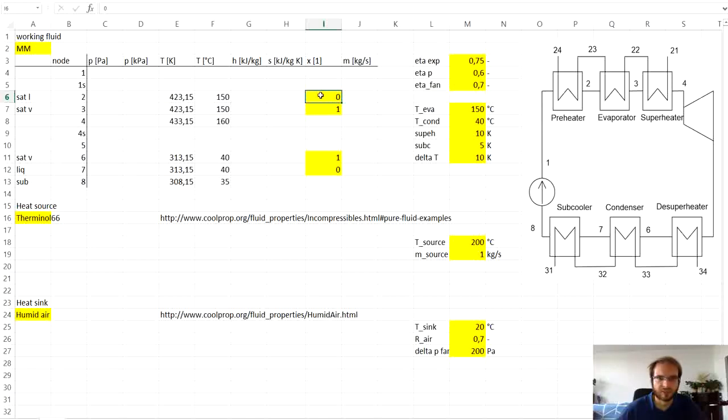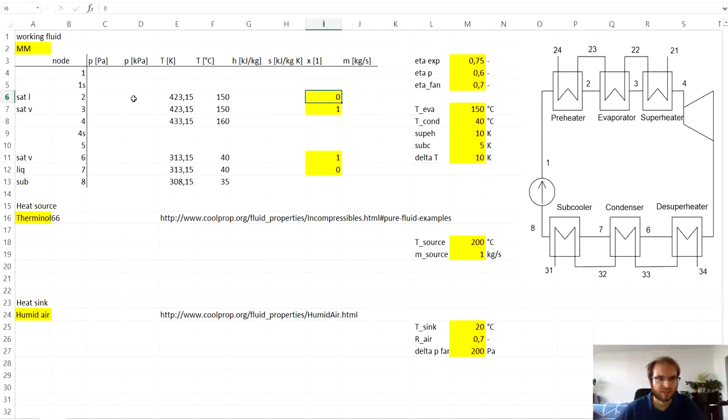It's one thermodynamic parameter, and the temperature, second thermodynamic parameter. So for the single component working fluid, this completely defines the thermodynamic state, and we can use these two parameters to get all the other state properties.